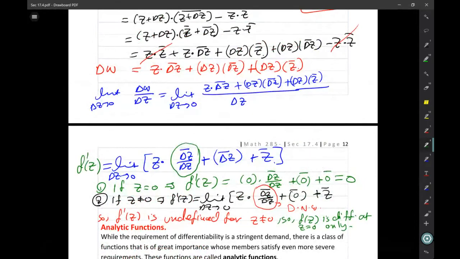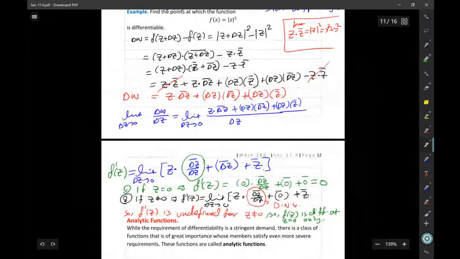Any question here? It's a simple calculation, but when you find the limit, you have to be careful. Doctor, can you repeat the first case? Why did we let z equal 0? Here I have to take a different path.